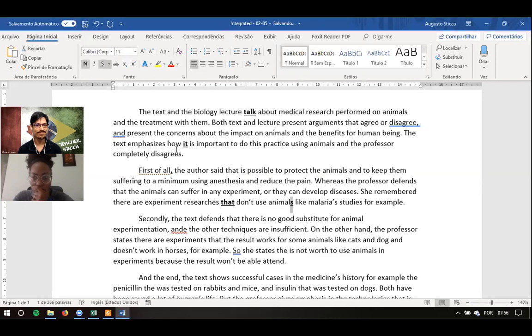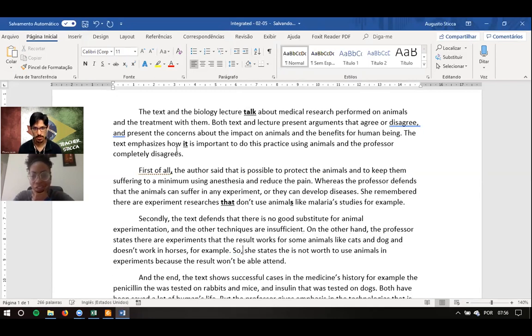Secondly, the text says that there is no good substitute for animal interactions, and the other techniques are insufficient. On the other hand, the professor states there are experiments where the result works for some animals like cat, dog, and it doesn't work in horses, for example.